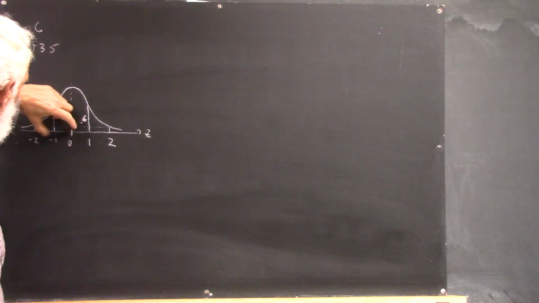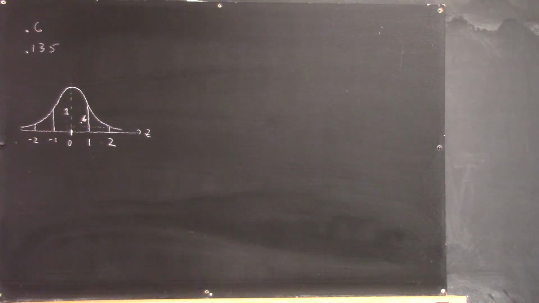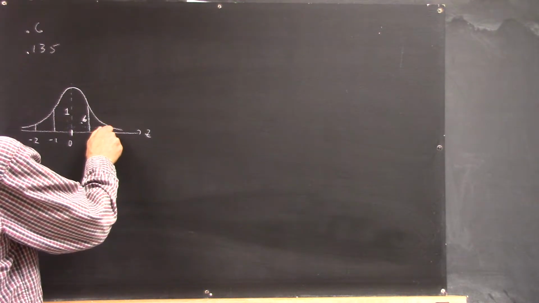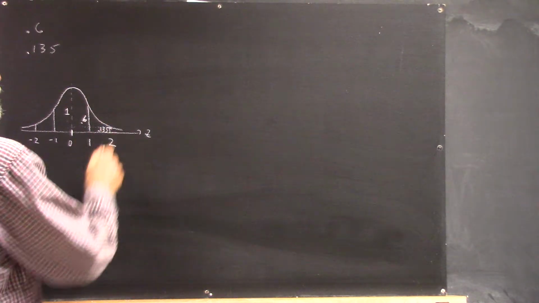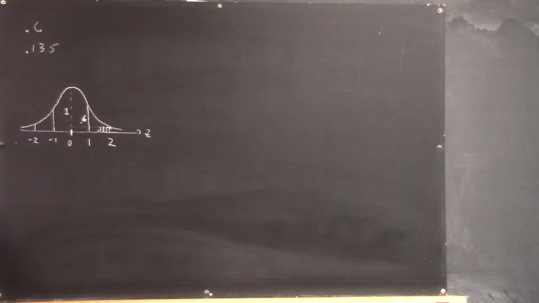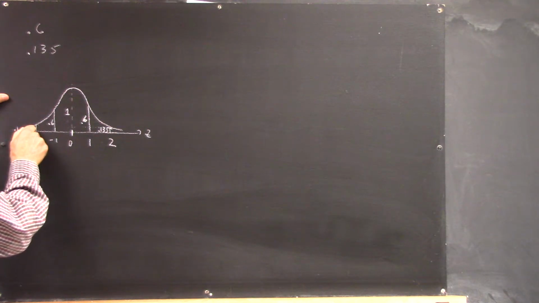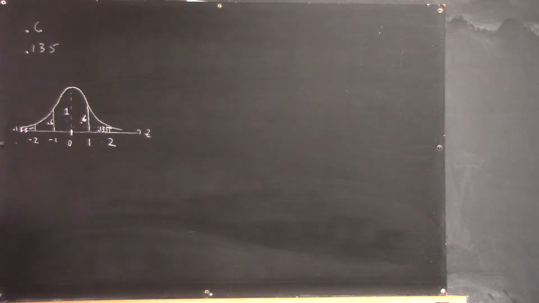This spacing is a little less than this one because I didn't draw the curve completely accurately. So here's your 0.135. Okay? So that's the information. Of course, you have the 0.6 here and the 0.135 here, right?